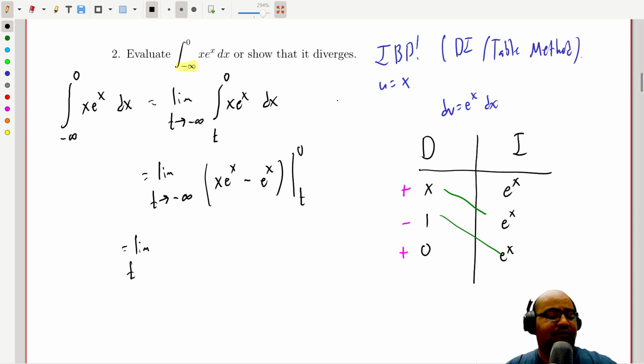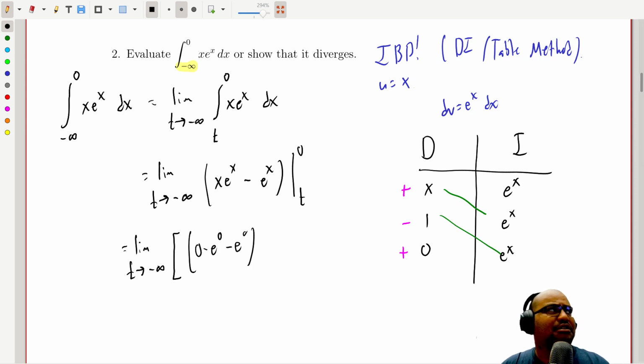Let's go ahead and write everything down for the evaluation step. We have the limit step, and now we have 0 times e to the 0 minus e to the 0. Well, that's going to be nice. And then minus, we'll just replace everything here with a t, so t e to the t minus e to the t.